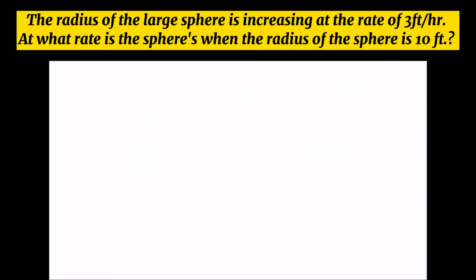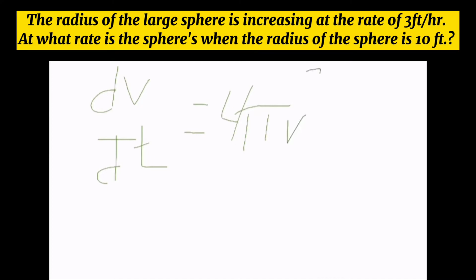Now, dv over dt is 4 times 3 is 12, divide by 3, so it becomes 4 pi r squared dr over dt.